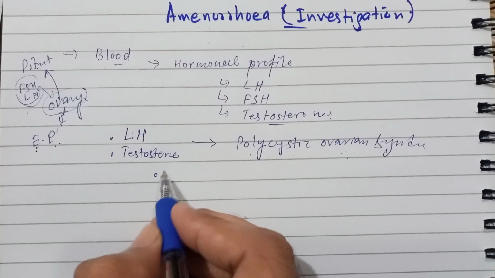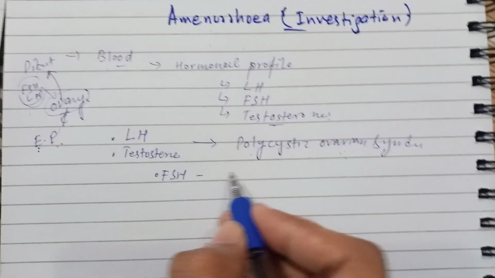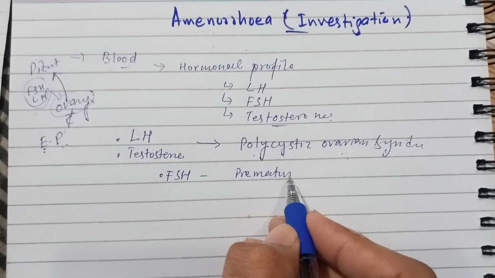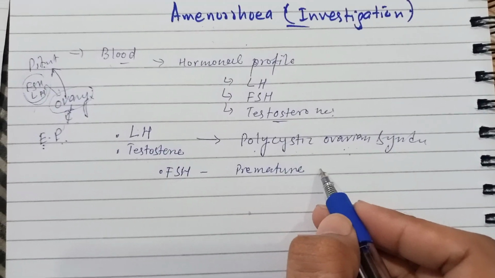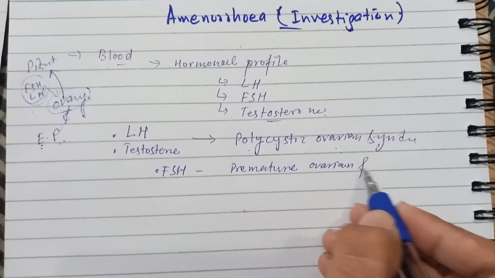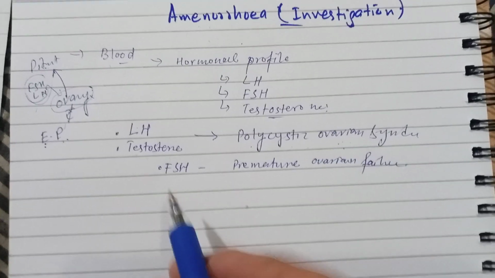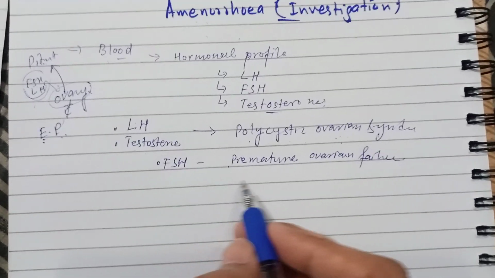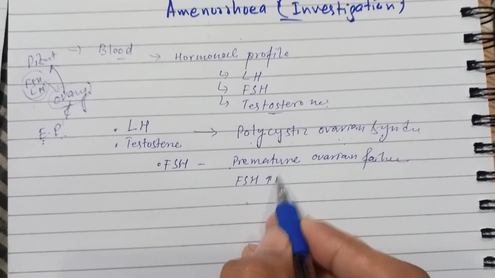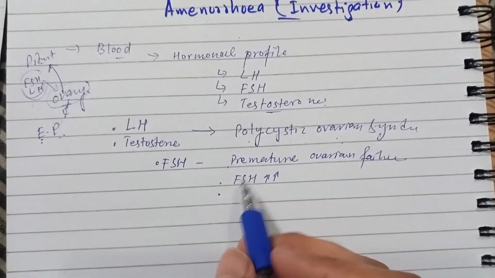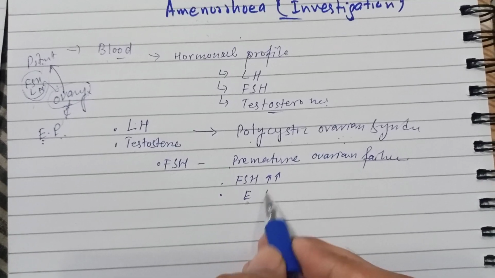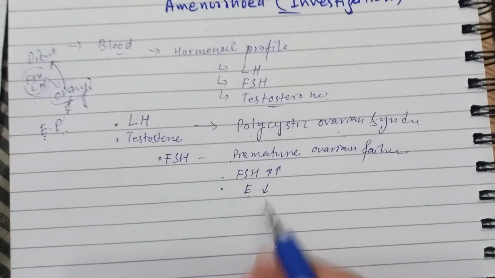And if FSH is present, we say that there is premature ovarian failure. Premature ovarian failure is when FSH is present, but due to the problem with the ovarian cells, there is no release of estrogen, so estrogen is down.